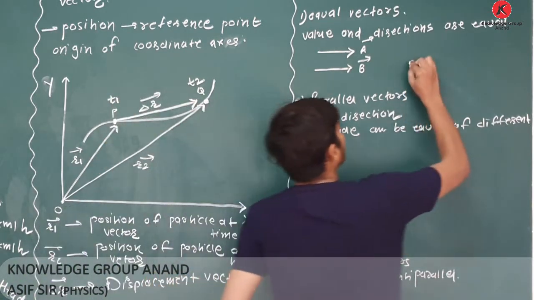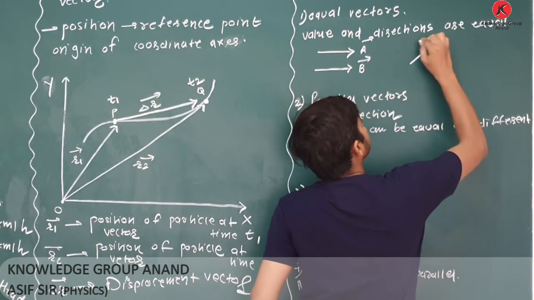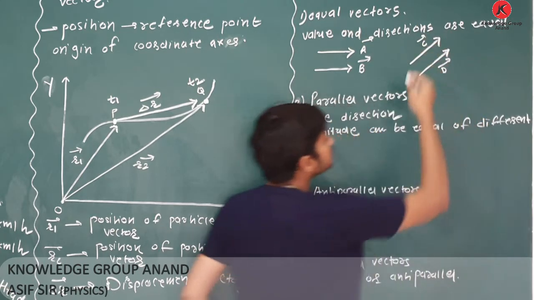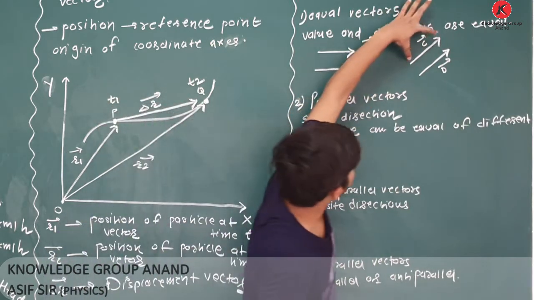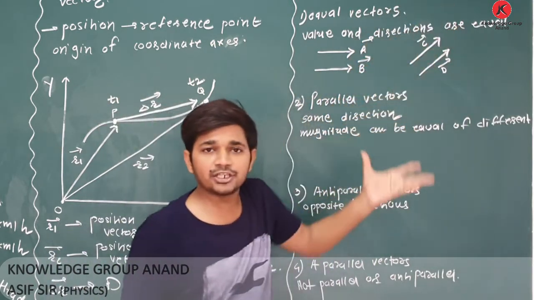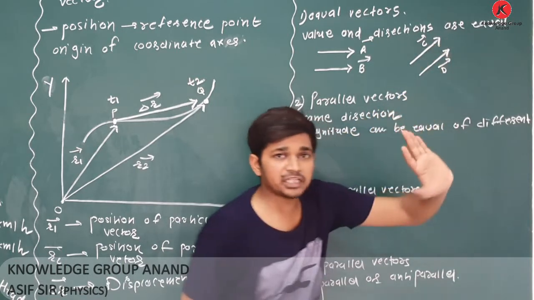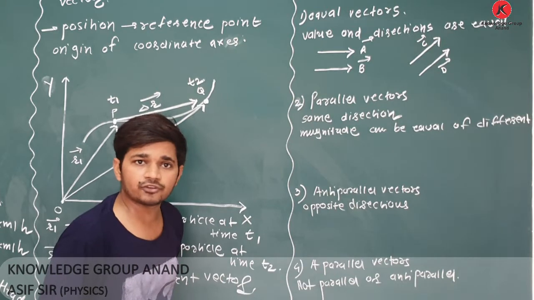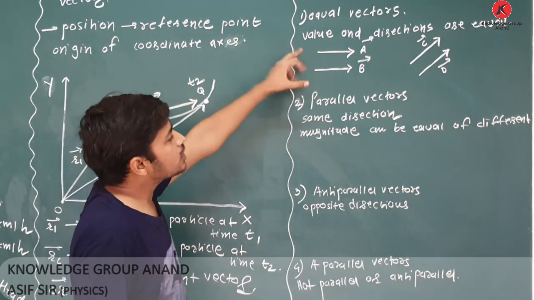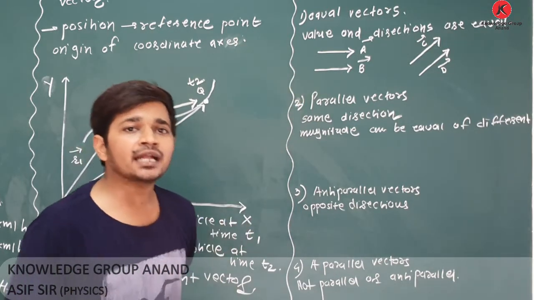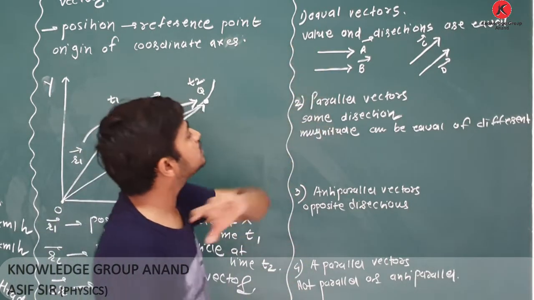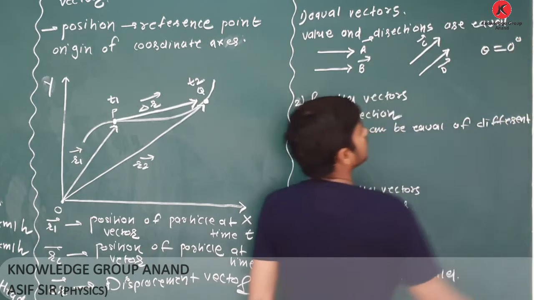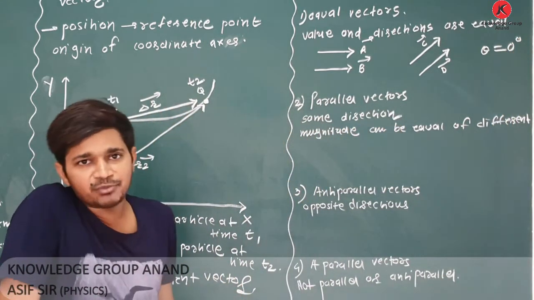Another figure: if one vector C is in this direction, and another vector D is in this direction, then their lengths are equal, means their magnitudes are the same, and the heads are in the same direction. Clear about this? For equal vectors, what is the angle between them? The angle between the two vectors, theta, is equal to 0, because they are in the same direction.